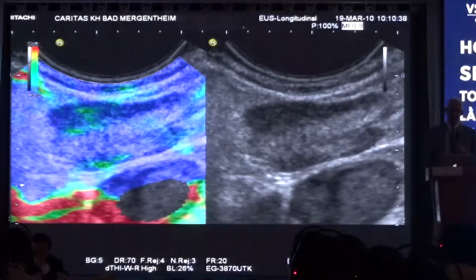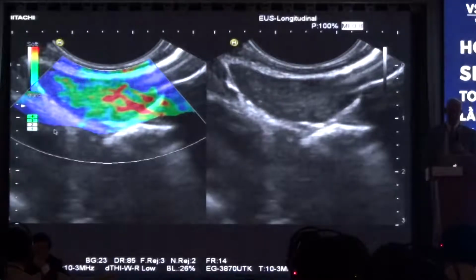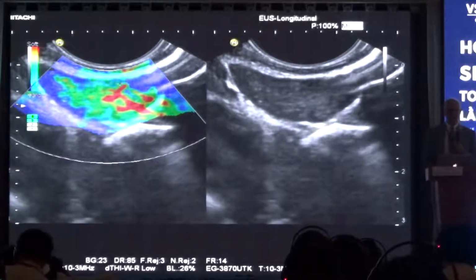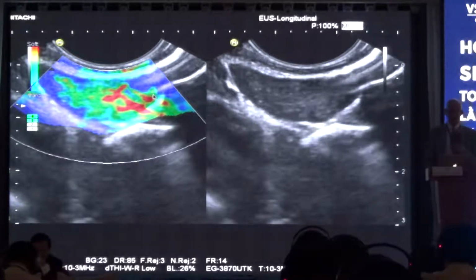And the more interesting feature is, in this lymph node we have no architecture of the lymph node hilum, but you can see using elastography that the center part is soft, red. In the hilum it's a little bit stiffer, and the lymph node shows a typical architecture. So in this case I pretty much know that I shouldn't biopsy this lymph node, because in elastography it shows a normal architecture.